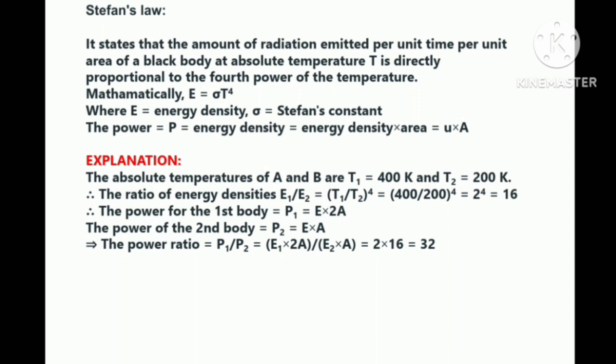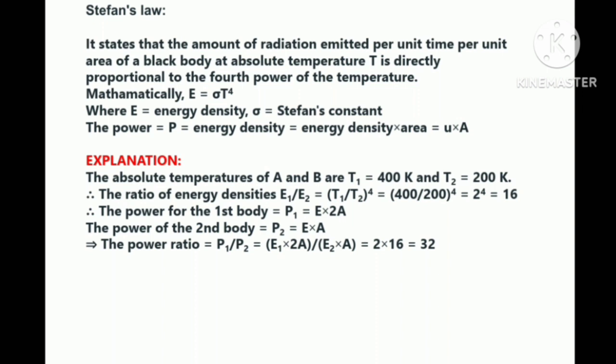According to Stefan's law, the ratio of energy densities E1 upon E2 is equal to T1 upon T2 the whole power 4. When we substitute the values for T1 and T2 in this expression, we obtain 16.